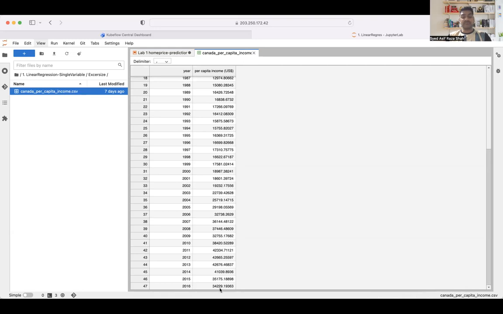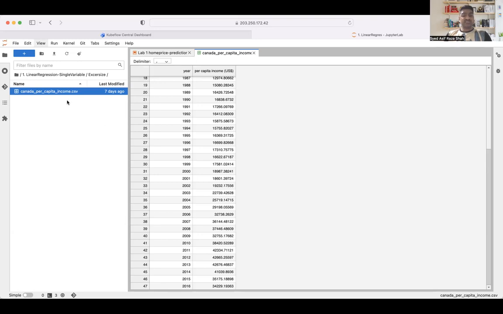And if I want to predict the future, meaning 2020 or 2022, what will be the per capita income of Canada in a particular year, 2020 or 2021 or 2022 or 2023, then it should give the output.